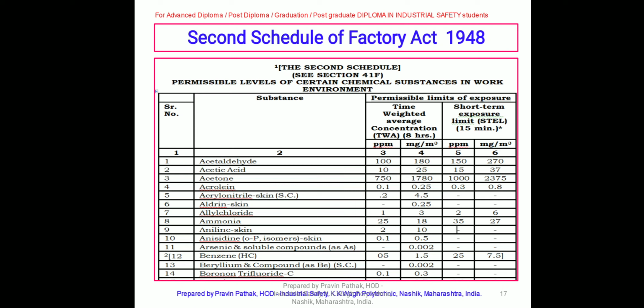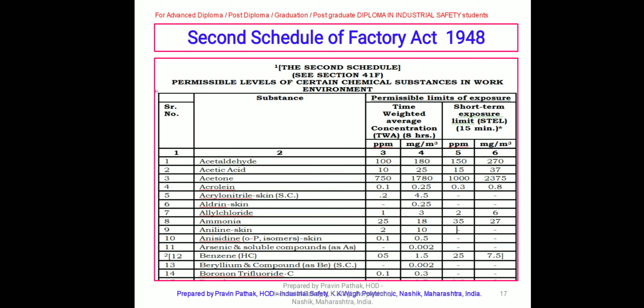For example, suppose acetaldehyde is there. The permissible level for acetaldehyde for the time weighted average concentration, that is called TWA, that means for the 8 hours work environment, the limit is 100 ppm and 180 mg per meter cube.